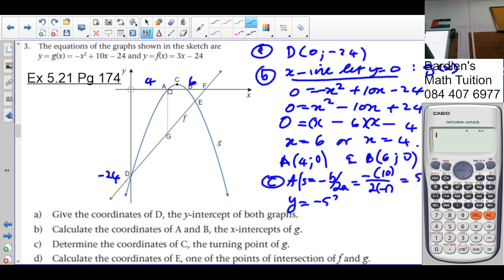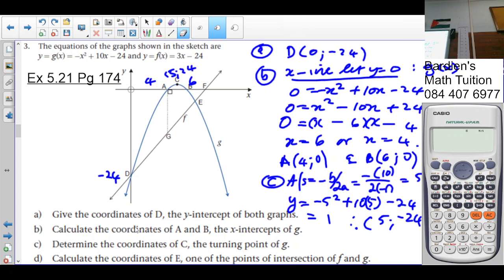It's negative 5 squared, which is negative 25, plus 10 times 5, which is 50, so it's 25. Minus 24 will give you an answer of 1. So therefore C is 5 and 1.